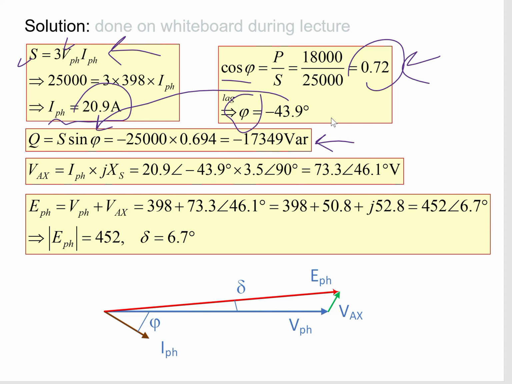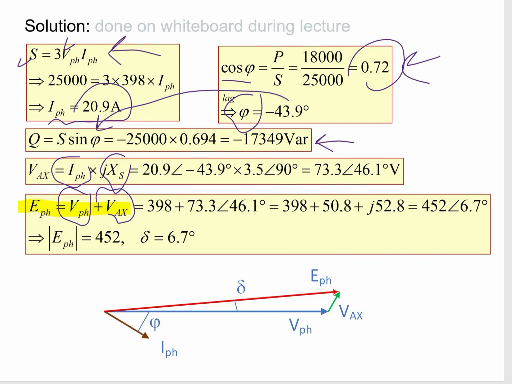So let's move on to the fourth requirement, which is the excitation voltage. Now notice that in order to calculate the excitation voltage, we need to sum the phase voltage and the voltage drop across XS, or the inductance reactance. We already have the phase voltage given in the question. What we need to calculate is the voltage dropped across XS. So we are given XS, and we have already calculated the current.